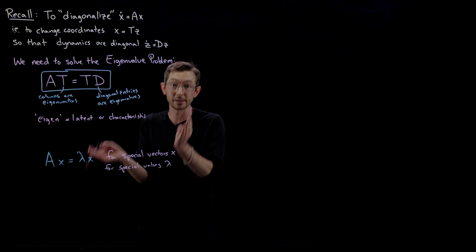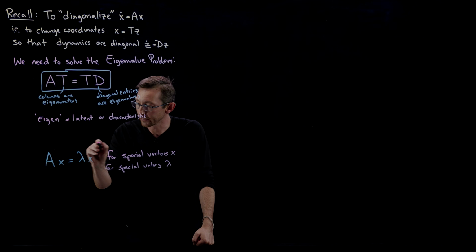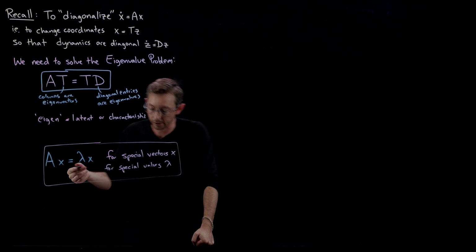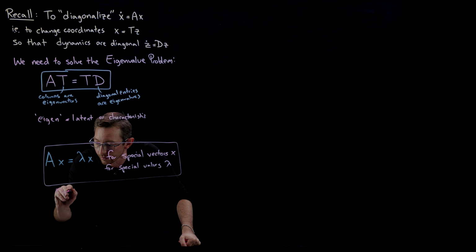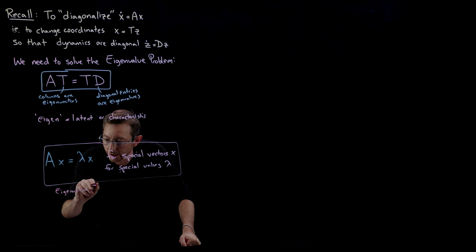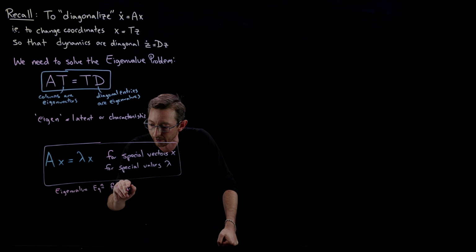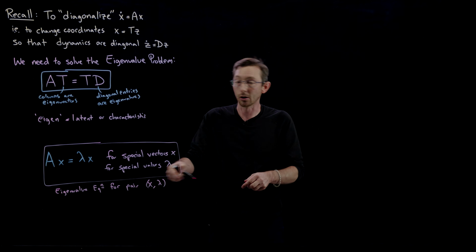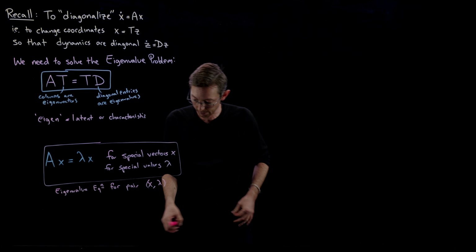Only very special vectors x and special values lambda can satisfy this. Good. And this is the eigenvalue equation for a specific pair of eigenvalue and eigenvector, x comma lambda. So they always come in pairs. An eigenvector always has an eigenvalue associated, and an eigenvalue always has an eigenvector associated to it.